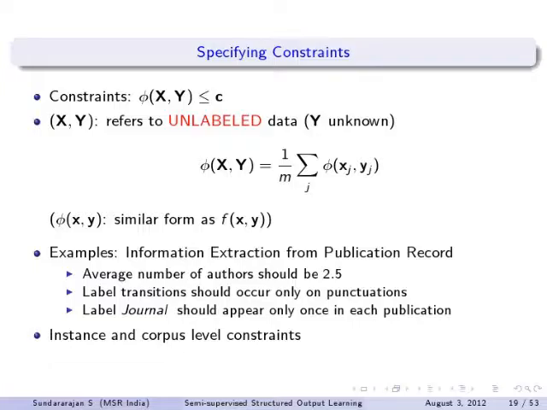So basically we will consider constraints of this form, where it's specified by an inequality with some upper bound. Okay, and here, since we are dealing with unlabeled data, this y is unknown.